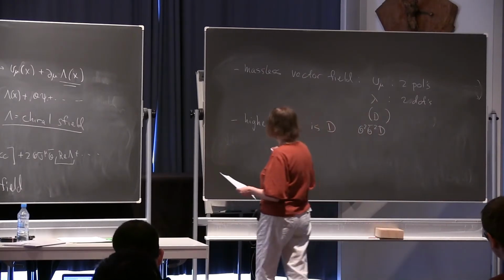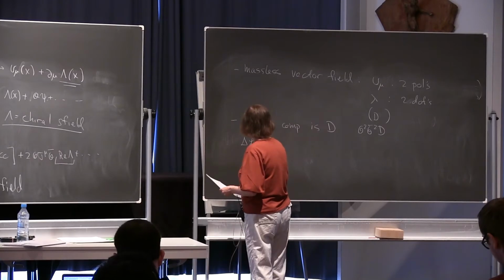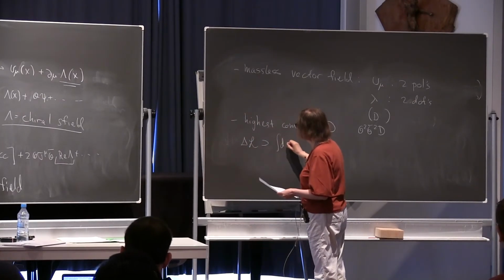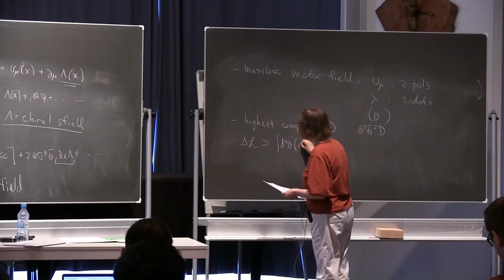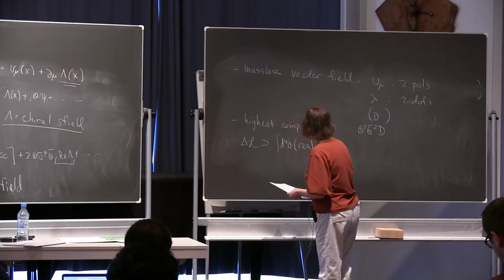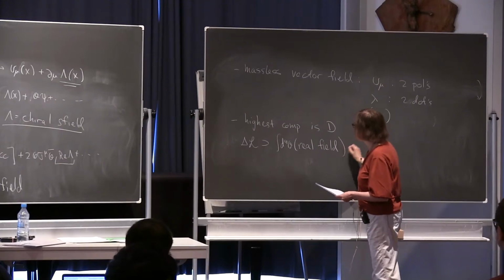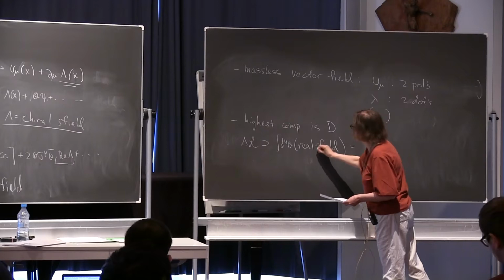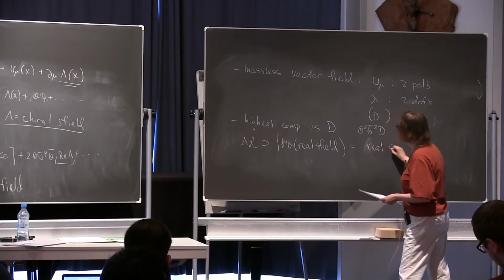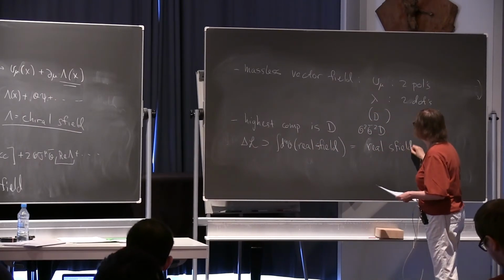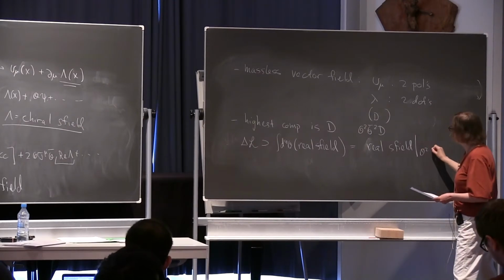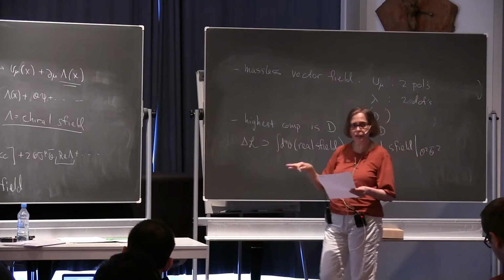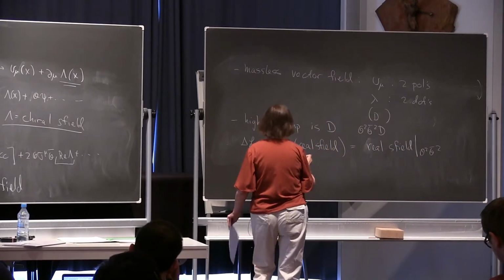And therefore we know that if we write down a piece in the Lagrangian that goes like d4 theta times a real field, which is the same thing as saying that we take a real superfield, take its theta bar squared component, and write that as a term in the Lagrangian, that thing is going to be supersymmetric.